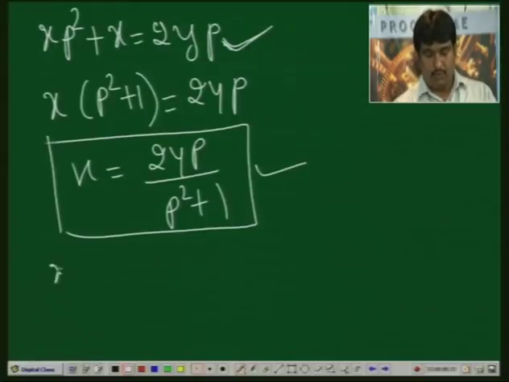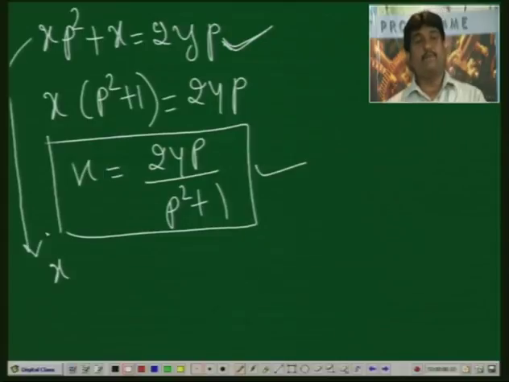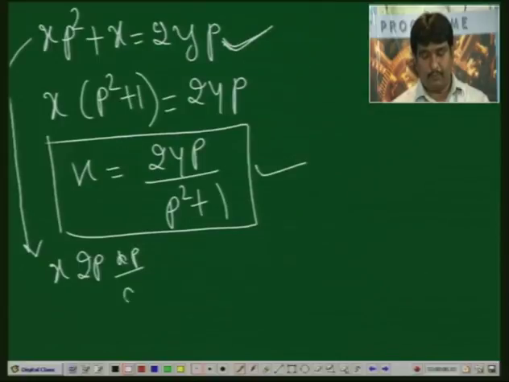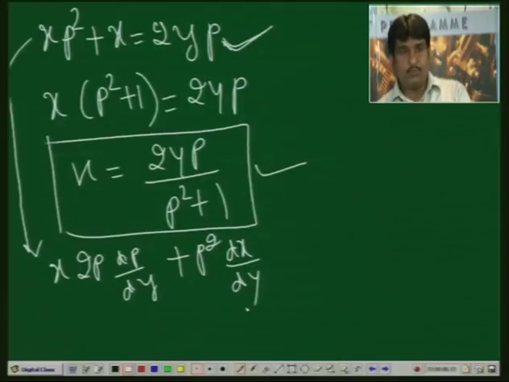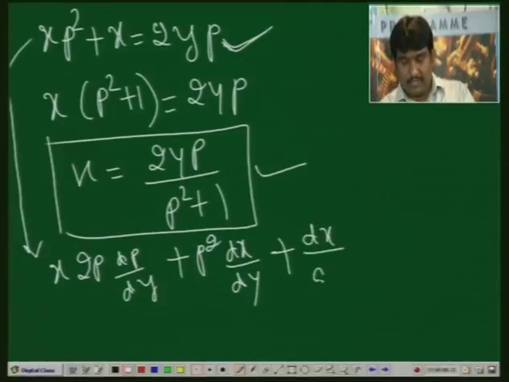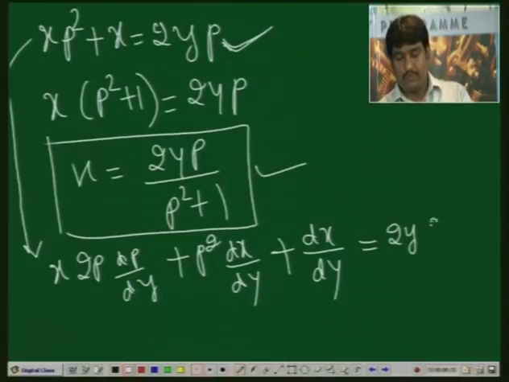Using the product rule: x into the derivative of p square is 2p into dp by dy, plus the second function p square into the derivative of x with respect to y, which is dx by dy. Plus x, whose derivative with respect to y is dx by dy, equals, by the product rule, 2y into dp by dy plus 2p, as the derivative of y is 1.